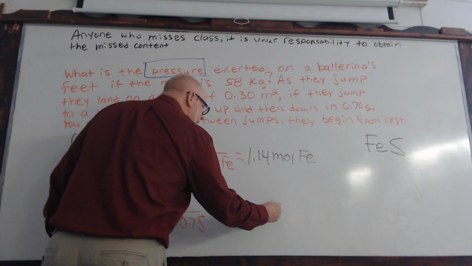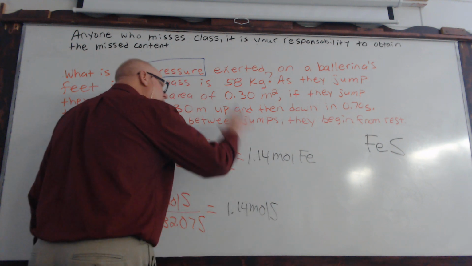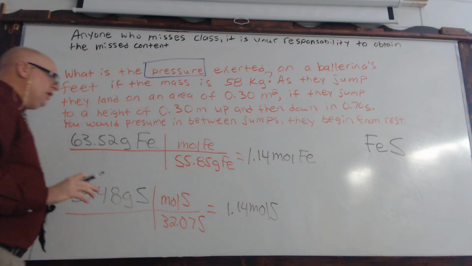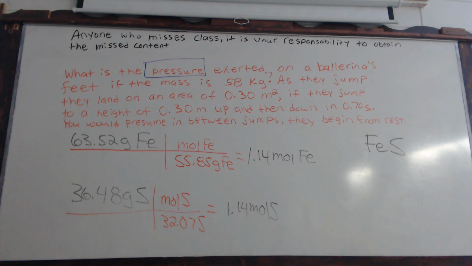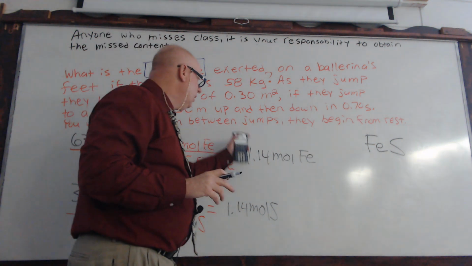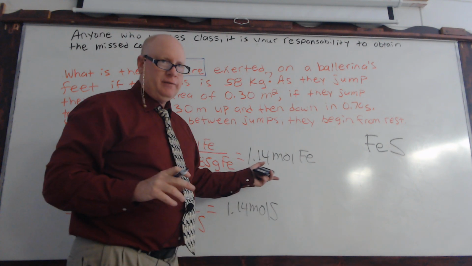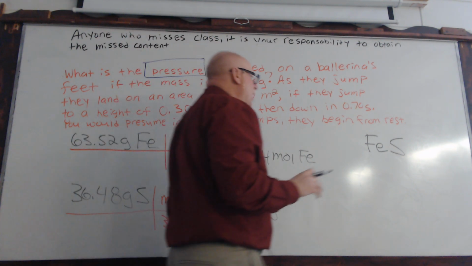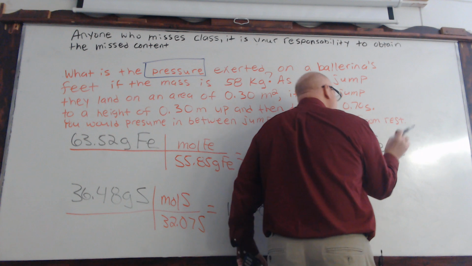This one's fairly straightforward. Once you convert to moles, you find the smallest number and divide them into each other. Since these are the same, nothing's going to change.